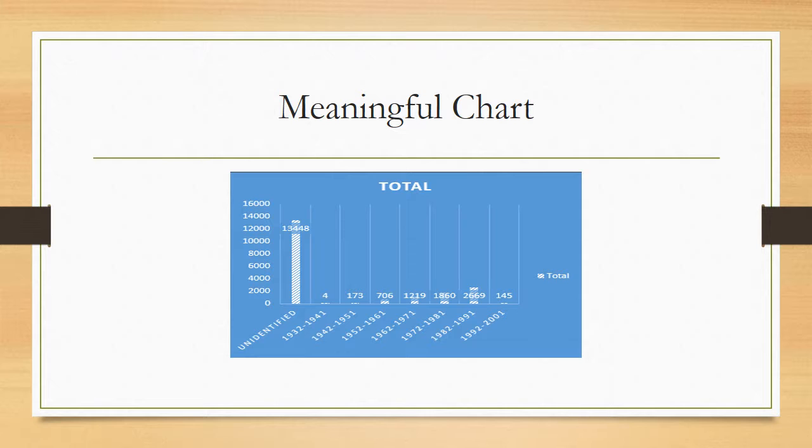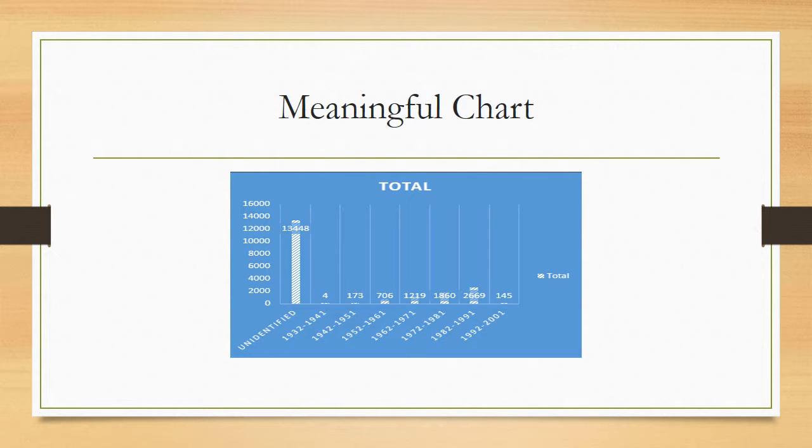And my most meaningful chart will be this one. It's just a regular chart that determines how many people were born in each decade. So you can say 1992 to 2001, or the 2000s, and late 1910s to mid 1920s, and you can say 1982, and so on.